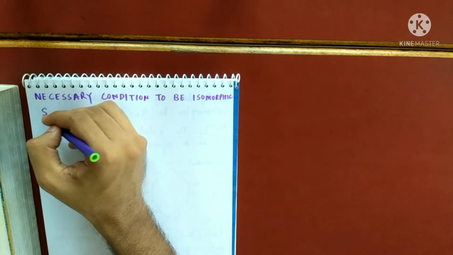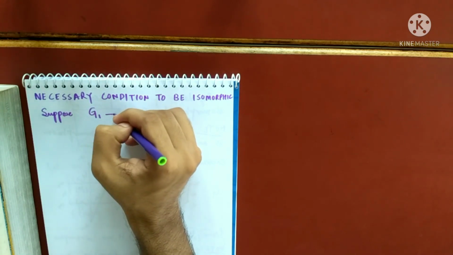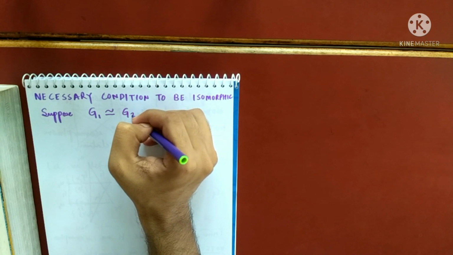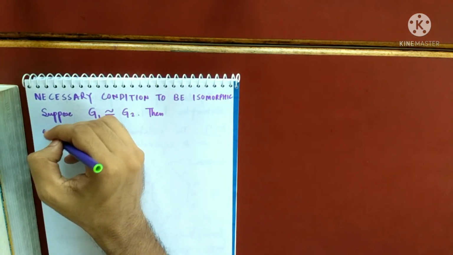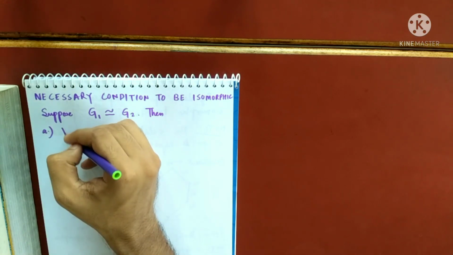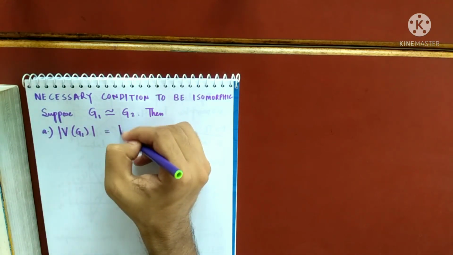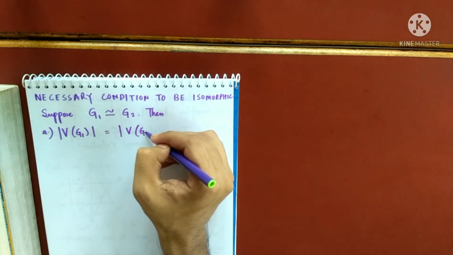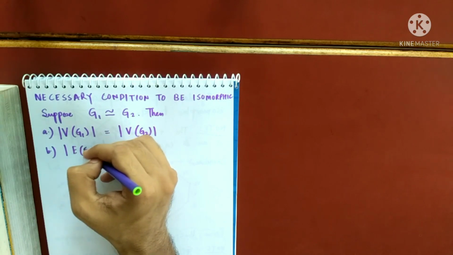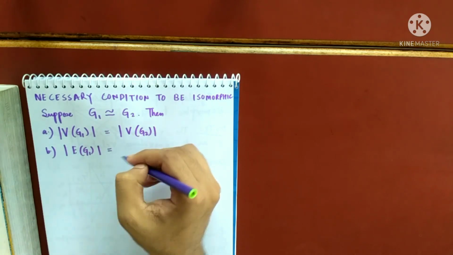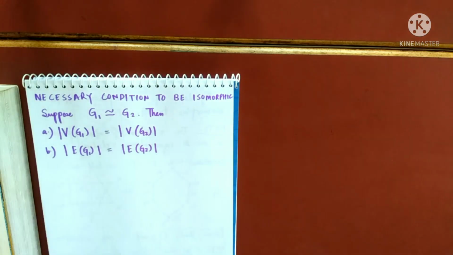That means suppose G1 is isomorphic to G2. Then we have a list that will happen. Number A, the vertex set of G1 will have the same number of elements as the vertex set of G2. Number B, the edge set of G1 will have the same number of elements as the edge set of G2. This follows directly from the definition.